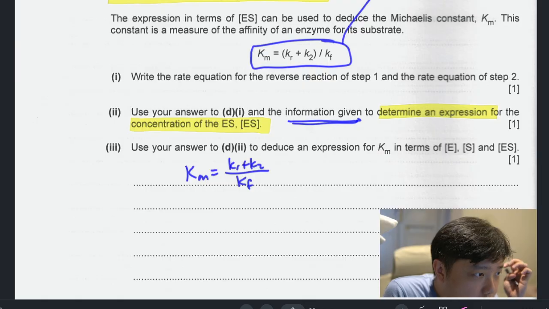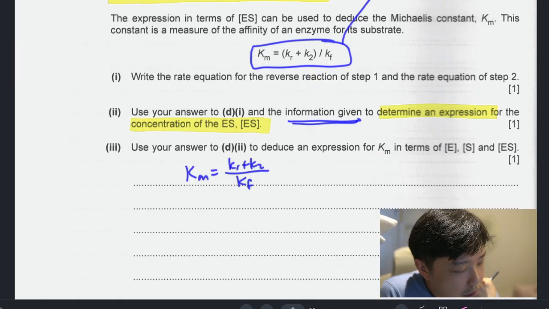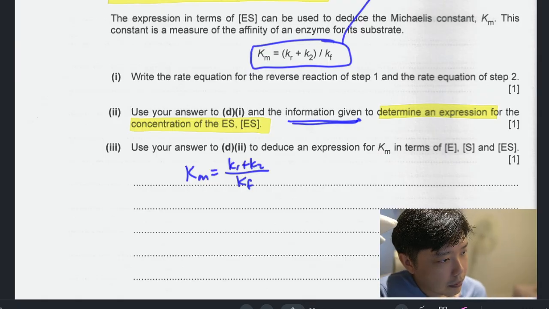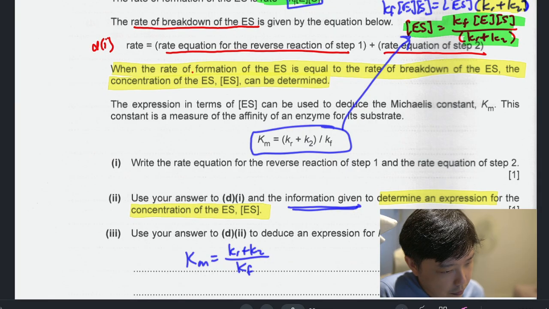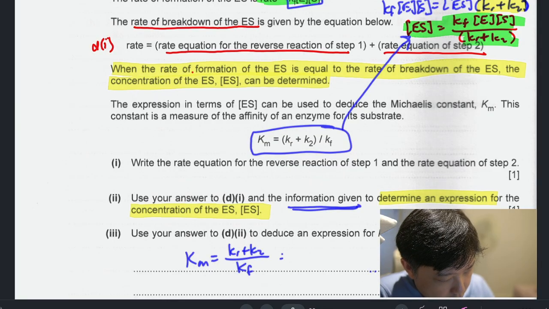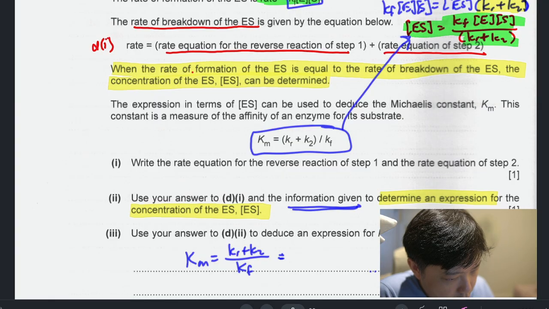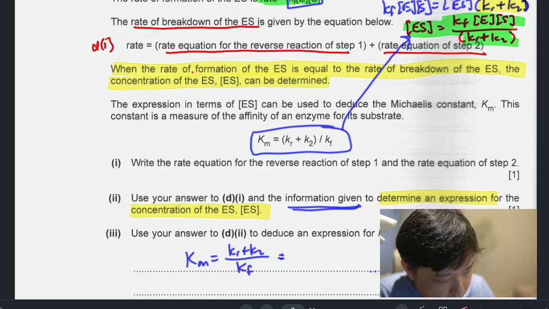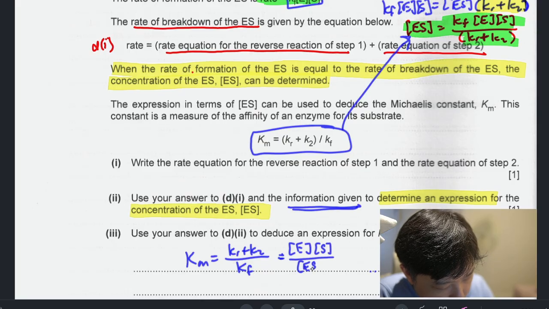If you invert it, KR plus K2 over KF is literally equal to, if you look at the expression we got from D part 2 and invert it, E S over ES.